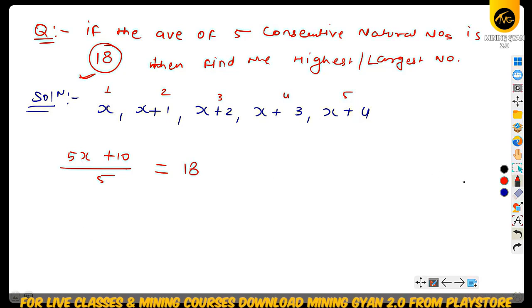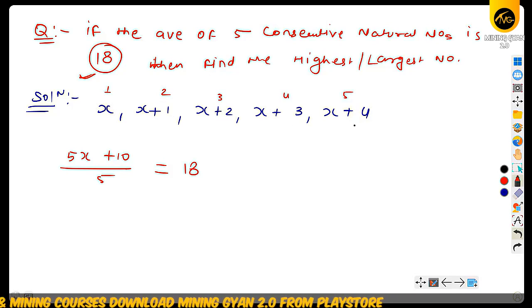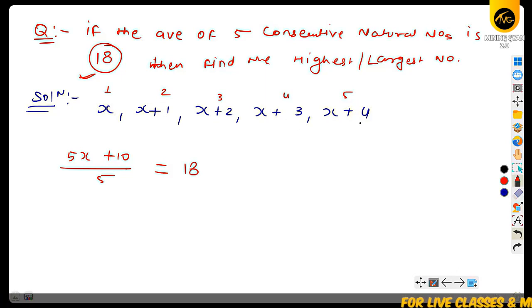Once again, the question is: if the average of 5 consecutive numbers, just suppose the numbers are x, x plus 1, x plus 2, x plus 3, x plus 4, because these are natural numbers and the difference between natural numbers is 1. That's why we just plus 1 each time. So we have the 5 consecutive numbers.